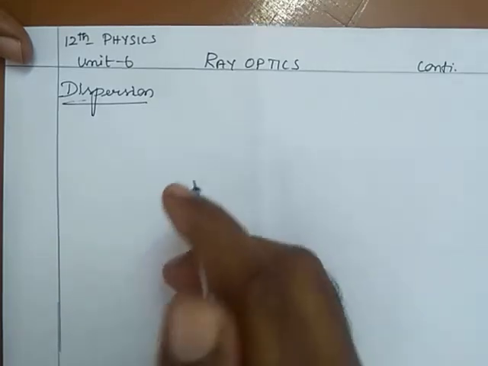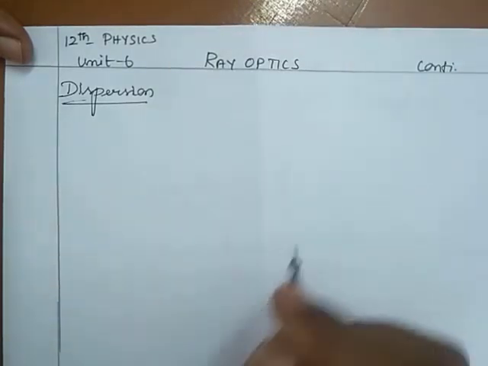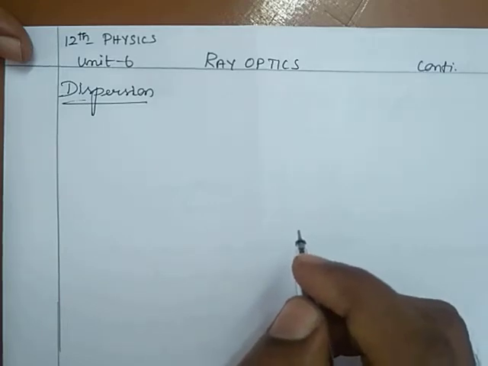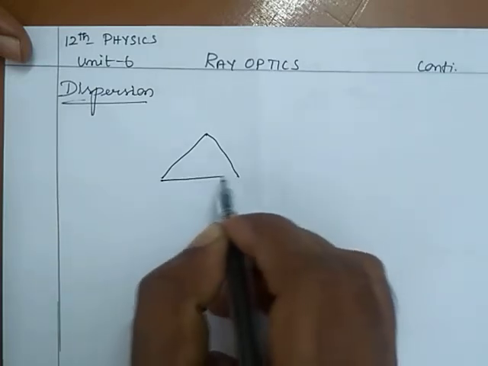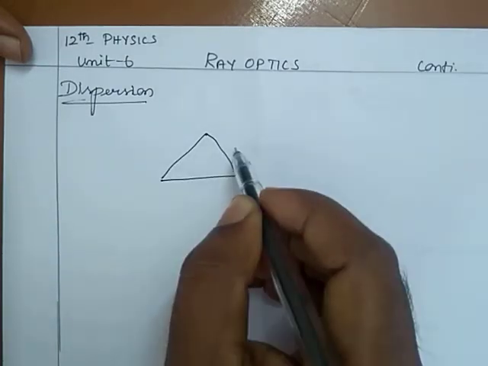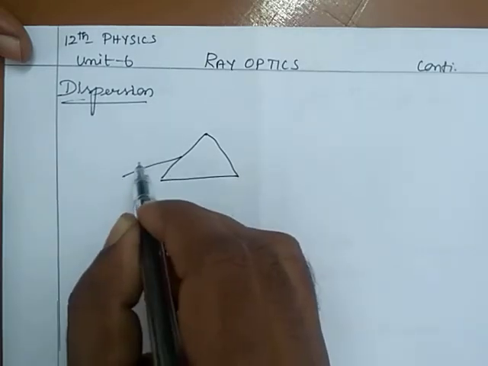Dispersion means splitting of white light into its constituent colors. If suppose I consider a prism, these two are the refracting surfaces, this is a rough surface. Suppose a white light is made to fall on a prism.